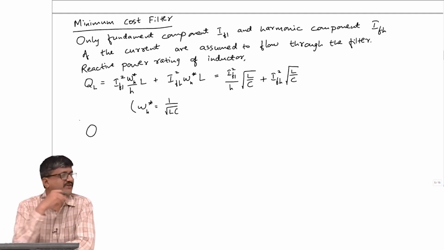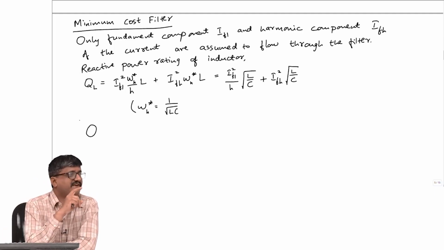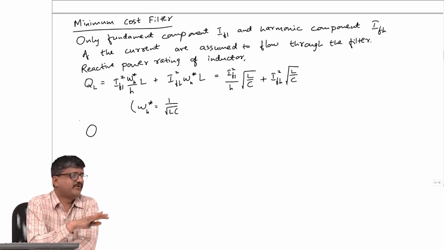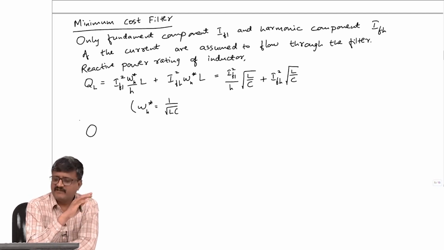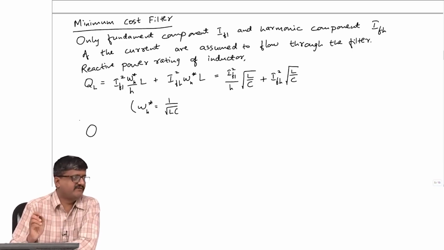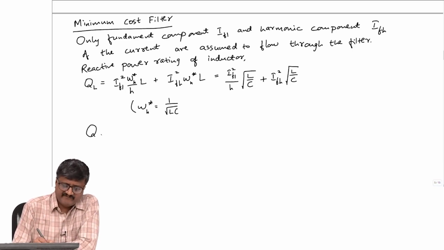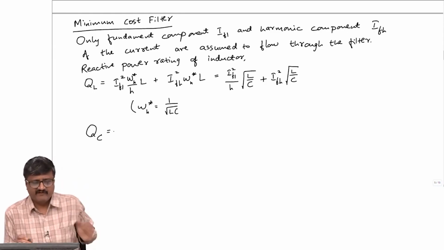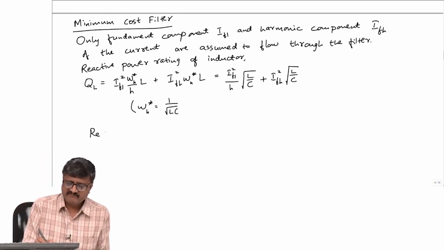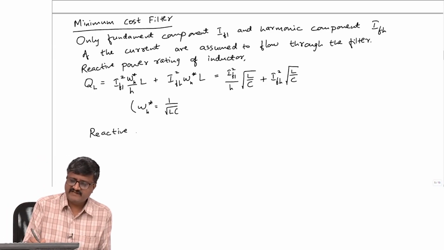So, we are doing a very simple design, where we are ignoring the effect of variation in the inductance and capacitance. We are taking only one. If you consider that, it will become even more complicated. Similarly, I can define the reactive power rating of the capacitor.